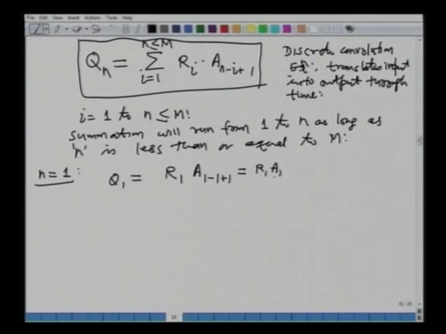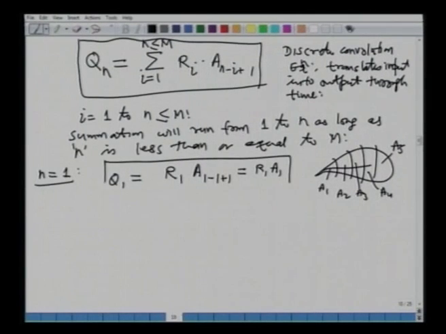Is it clear? So, let me draw a diagram here quickly. So, let us say these are your areas. This is A1, this is A2, this is A3, this is A4, this is A5 and so on. Okay. Now, what is this equation telling us physically?